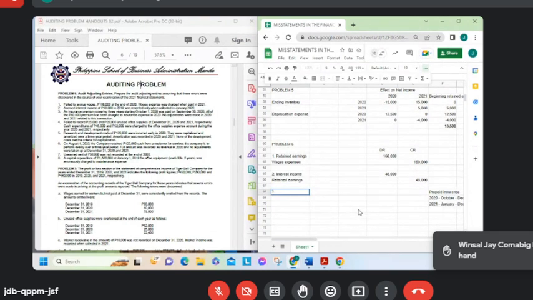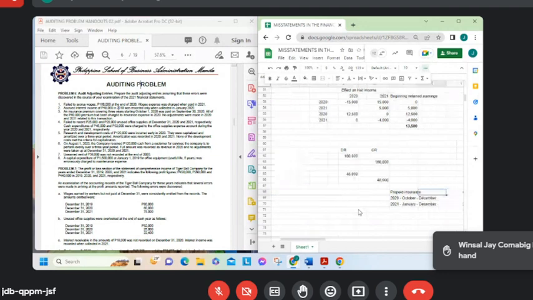So what happened when the prepaid insurance was expensed out in full, no, in 2020? So it means the expense in 2020 is overstated, resulting to understated net income, no? But that the amount of 60,000 is not the full amount of overstatement. So the overstatement is only the 55,000 pesos.